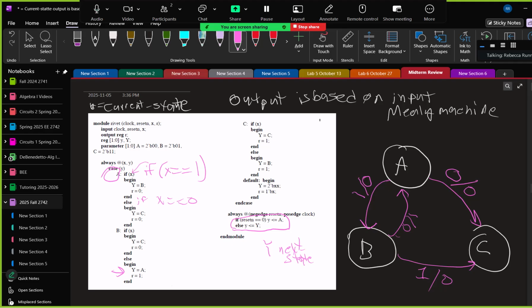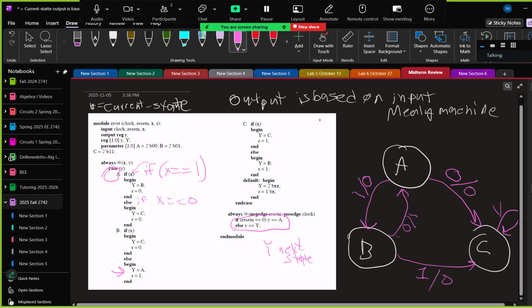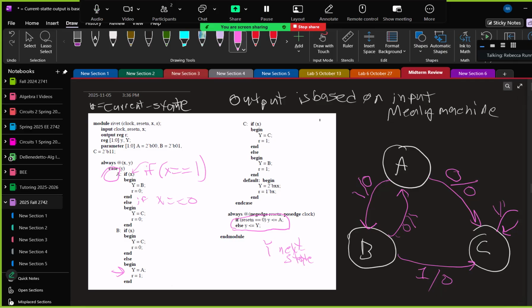And then from C, I have if x equals 1, my next state is C, and my output is 1. And if x equals 0, my next state is B, and my output is 1.